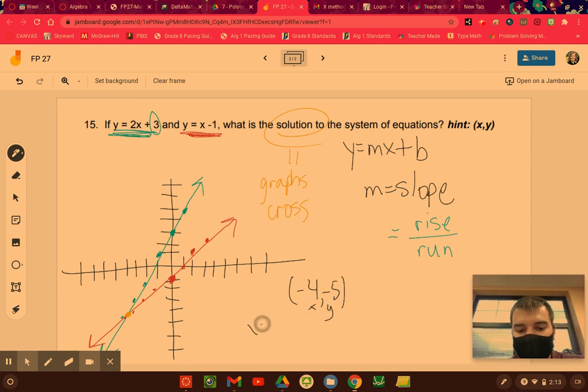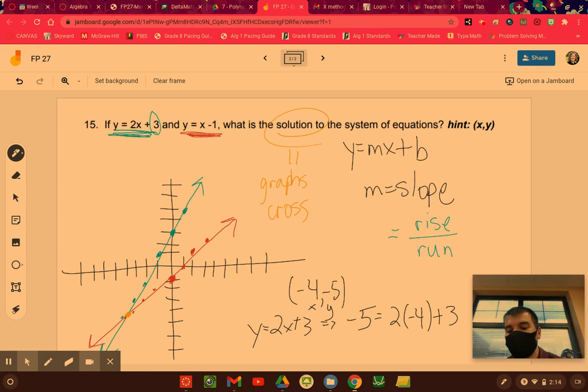So let's say if we had y equals 2x plus 3, we can plug those in, and we would get -5 is equal to 2 times -4 plus 3. So that would be true.